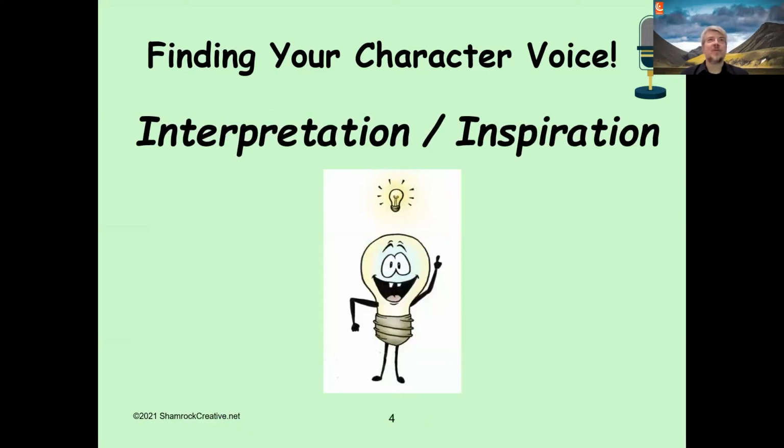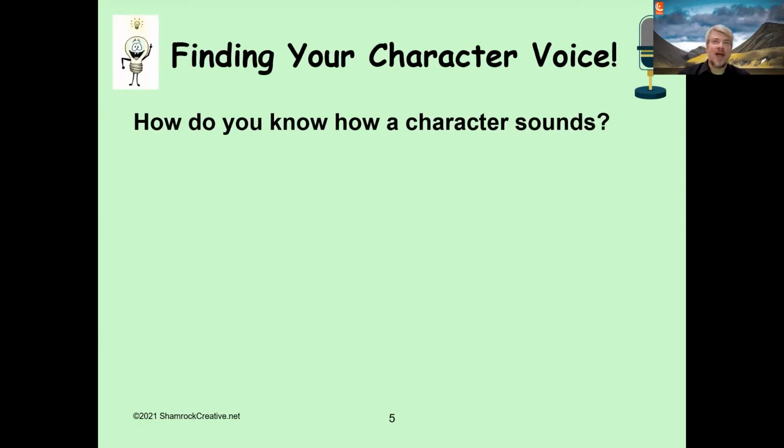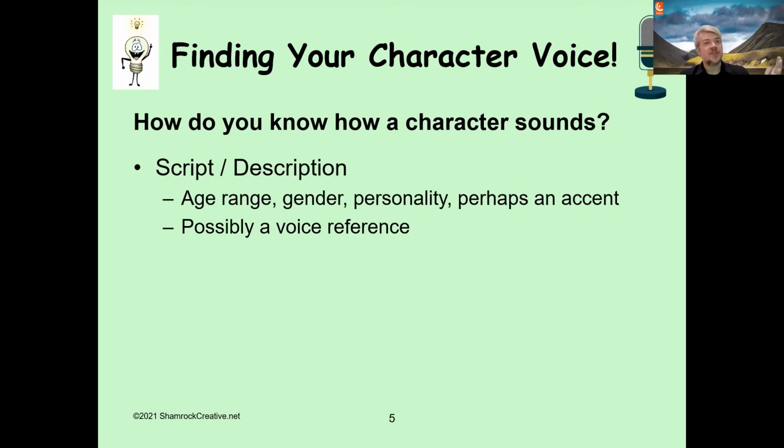So starting out with interpretation, inspiration. How do we know how a character sounds? As a voice actor, sometimes you get a script and there's a description there. Character this age, this gender, and so on. Maybe they will give you a voice reference, like a recording or a link to something that says, try to match this voice.